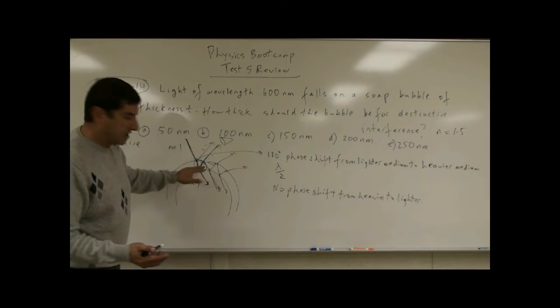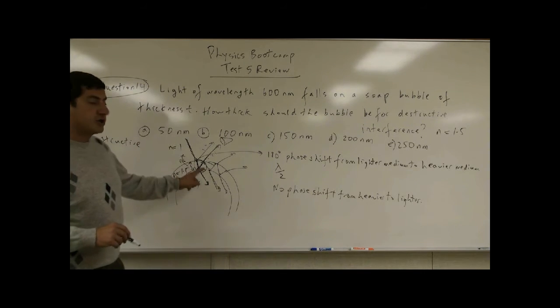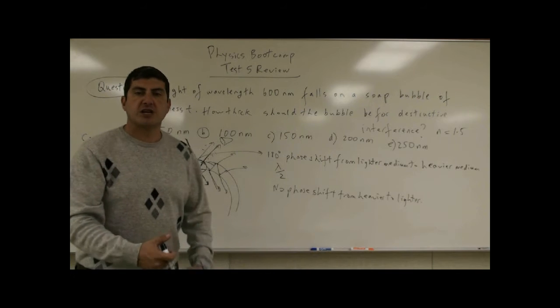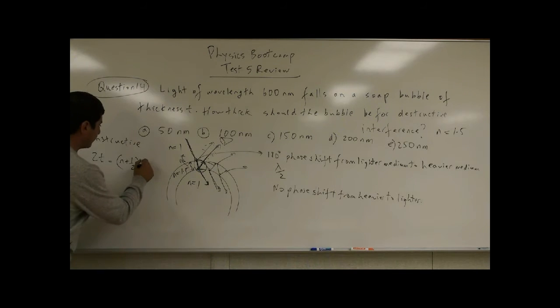T, 2T, so it's double the thickness. The thickness of the soap bubble is T. So the extra path that the second wave took is 2T. So we want the 2T, double the length, to be n plus half of the wavelength of the wave in the medium.